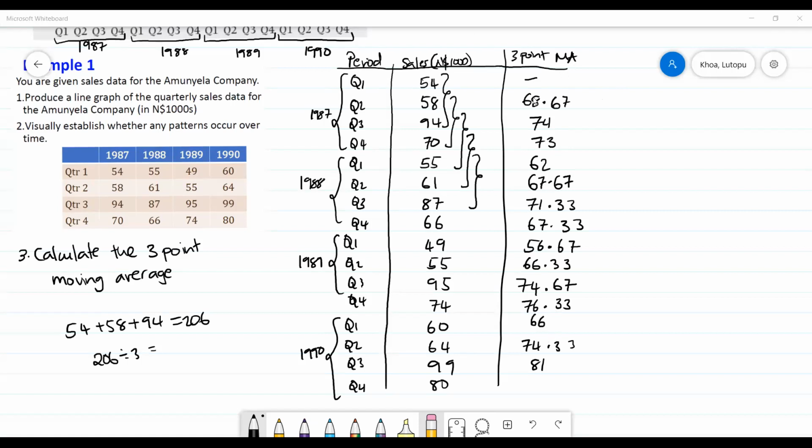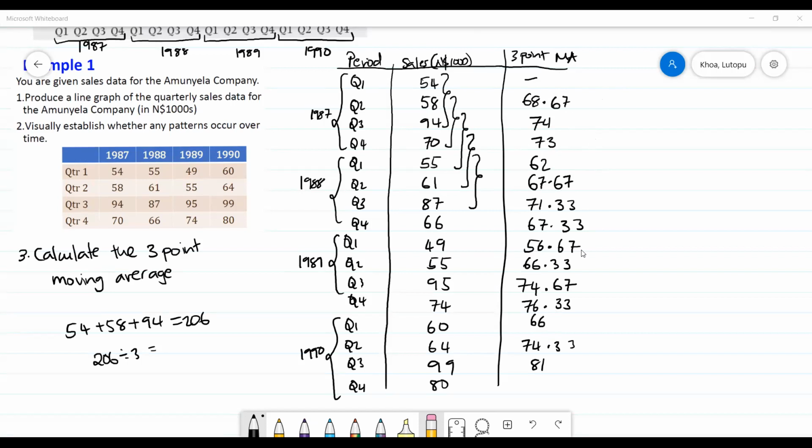Now, what you would notice if you were to plot these 3-point moving averages is that your graph would be smoother. There wouldn't be too much of a difference between your highest values and your lowest values. So what the moving average actually does, it smooths out your data.